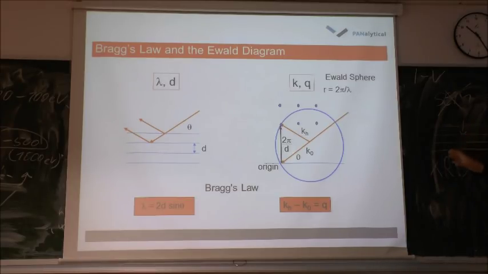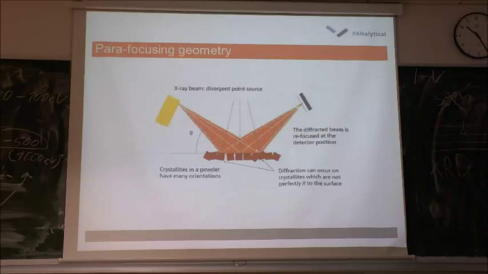This is important for most applications, but we also have some scattering and reflectivity applications, which will be described later on. In these applications, Bragg's law is not ruling the process.